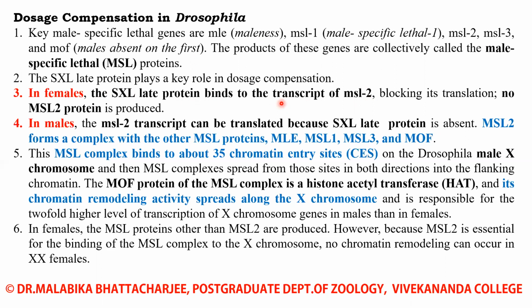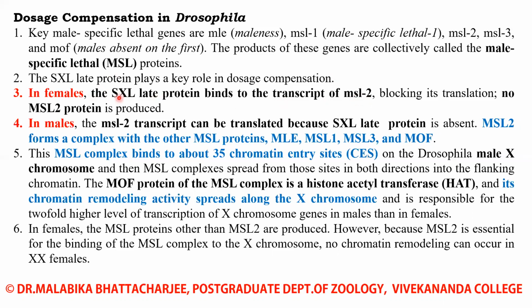In females, the SXL late protein is there, which can bind to the RNA of the MSL2 gene. In males, there is no SXL late protein, so the transcript of MSL2 is free. In females, since the SXL late protein can bind to the transcript of the MSL2, as a result of which no translation of MSL2 RNA is occurring, and therefore the MSL2 production is blocked.